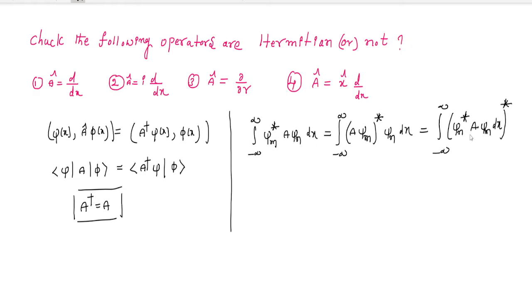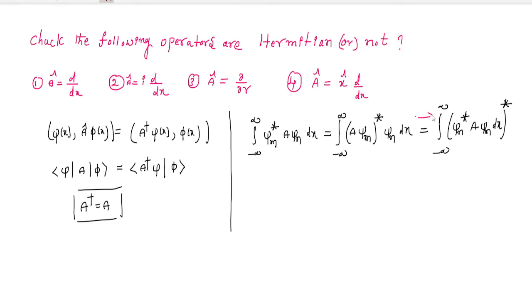If you apply the complex conjugate, the A dagger whole dagger gives A, then the ket changes into the bra and we get this function. These two are the same.